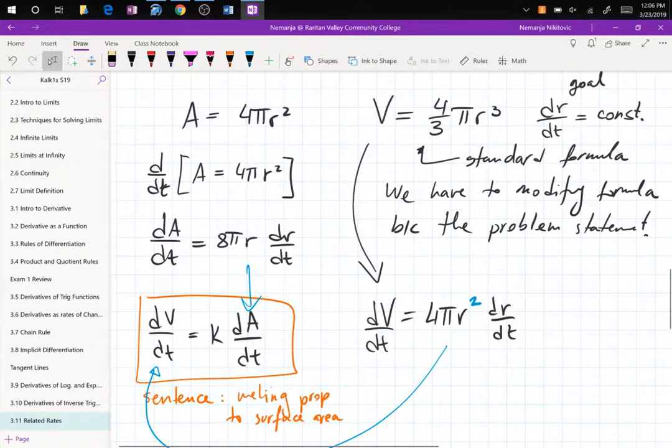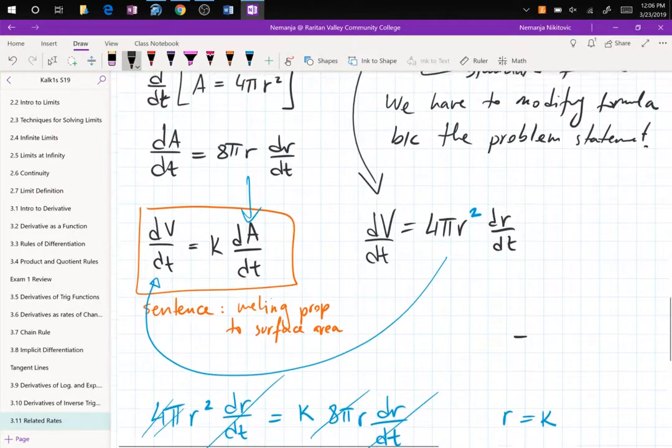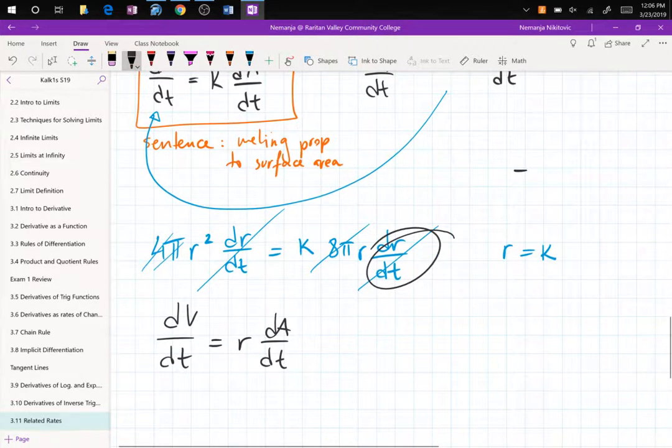I just need to get dr dt is equal to some kind of constant. That's the answer. I don't see where I get that right now. Because when I plug them in here, dr dt cancels. I need dr dt to stick around.